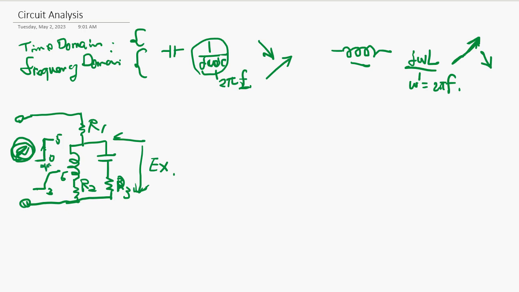So we consider this very high frequency. At very high frequency, the capacitance becomes like zero impedance. On the other hand, the inductance becomes very high impedance. So the circuit looks like this.